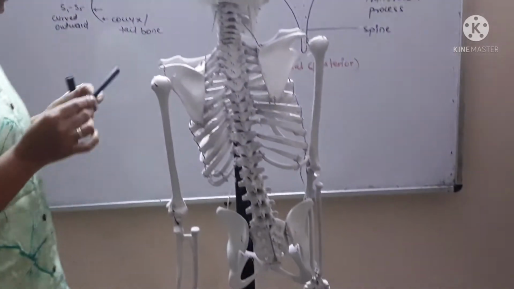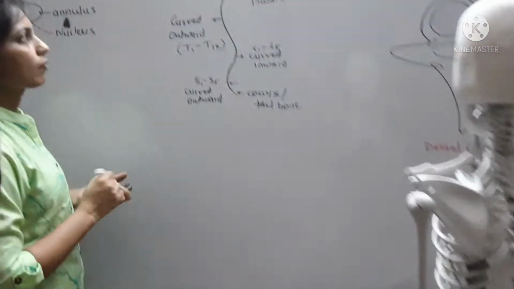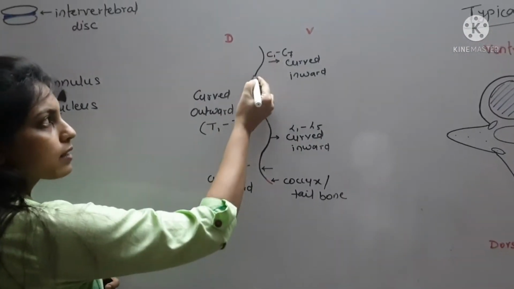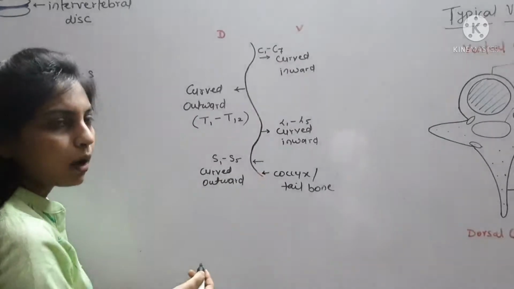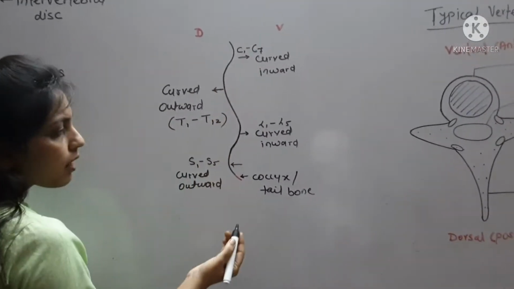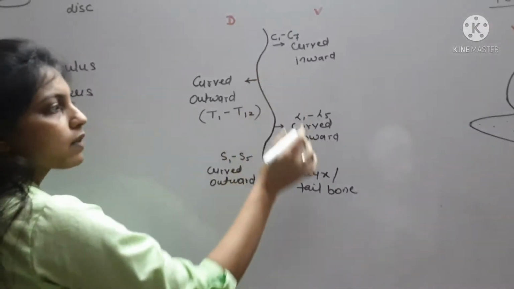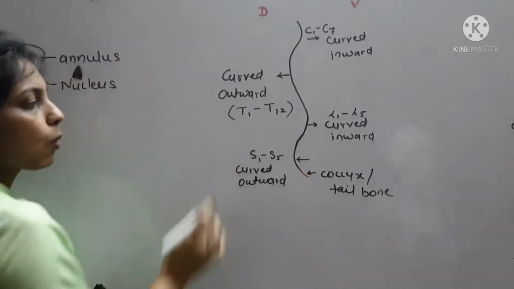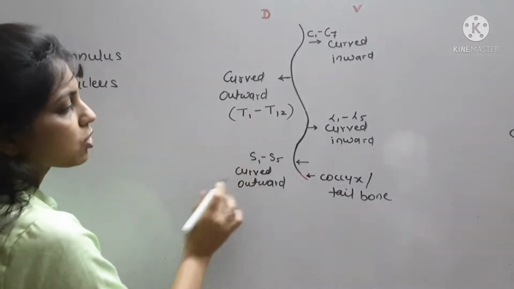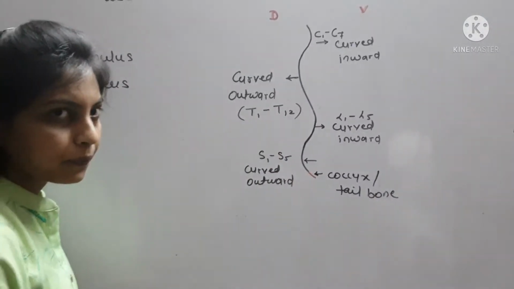So in the cervical and lumbar regions it is curved inward, whereas in the thoracic and sacral regions it is curved outward.